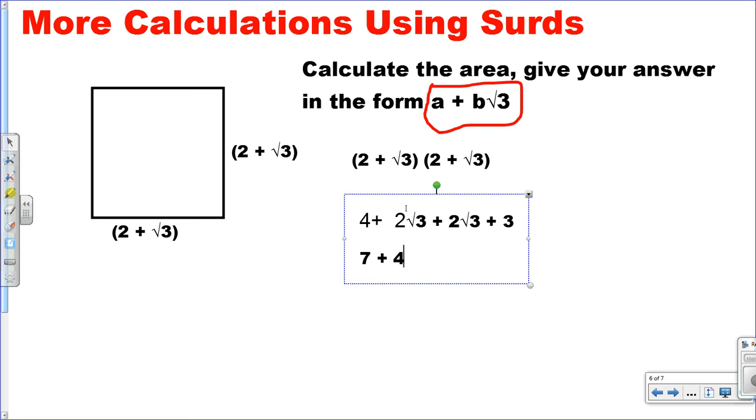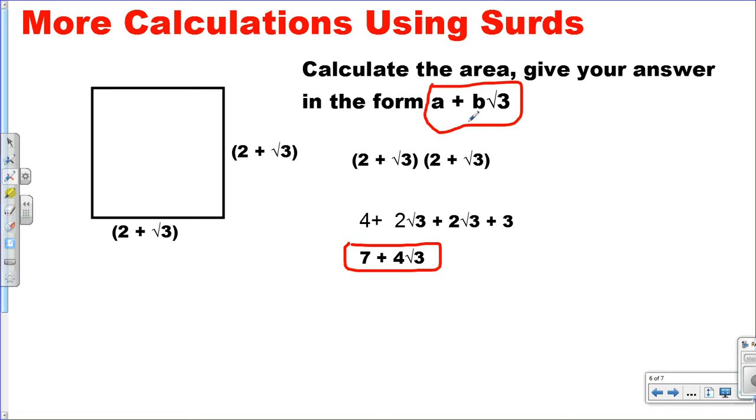The square root symbol and the 3 stay exactly the same when you're adding them. So the answer here is 4 square root 3. That answer is in the format of that. So 7 would be A, 4 would be B, and the square root 3 is there as well.